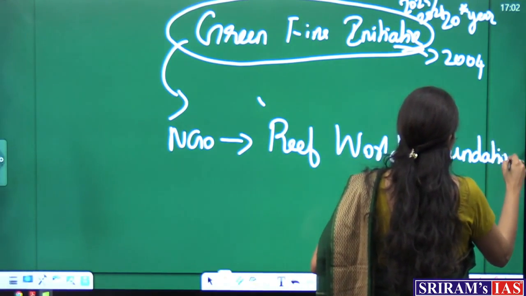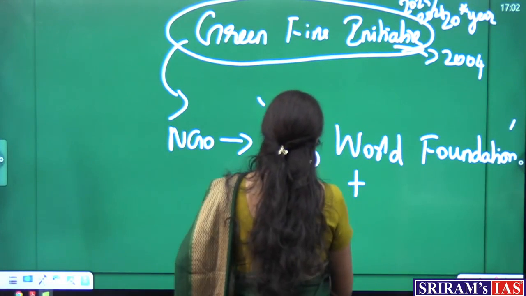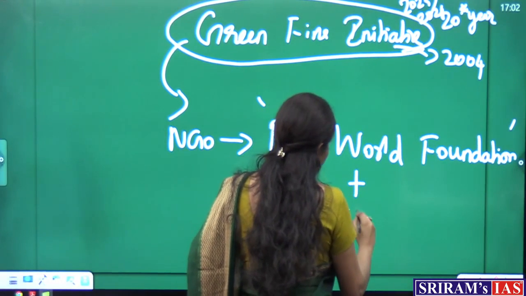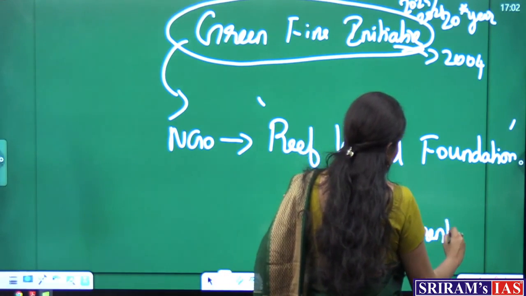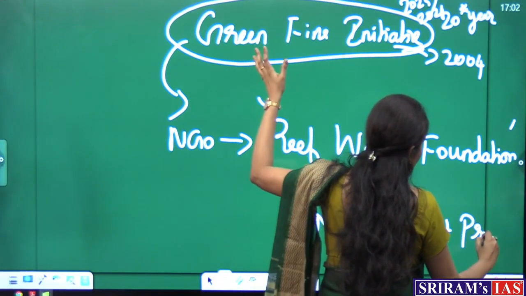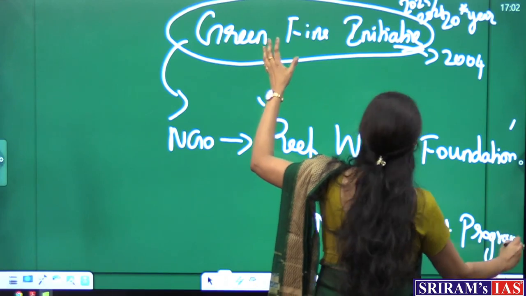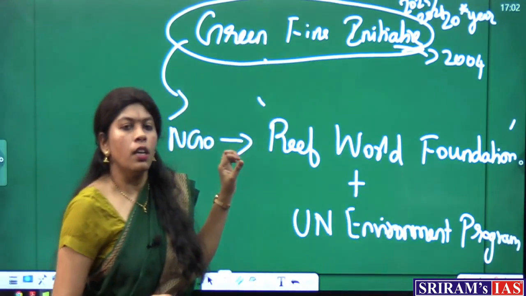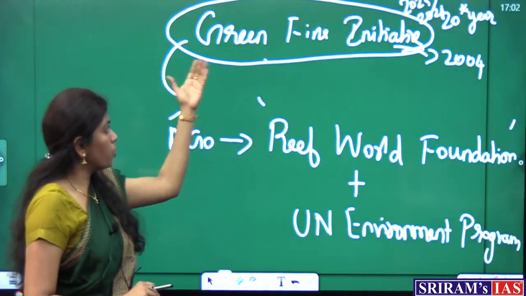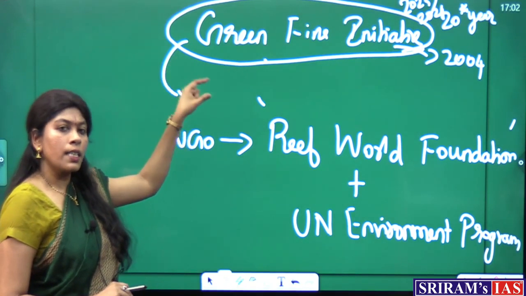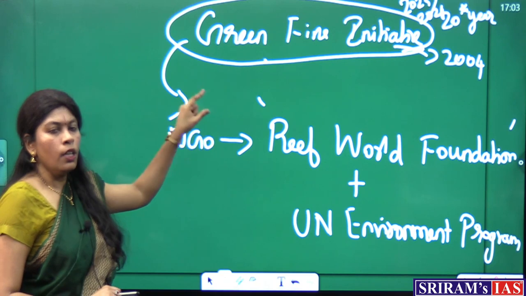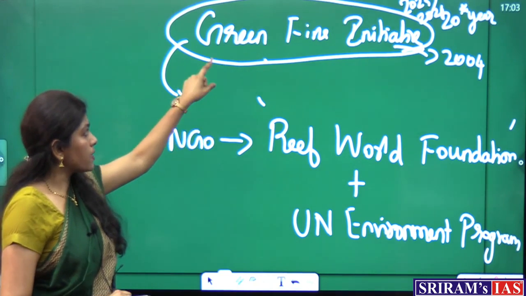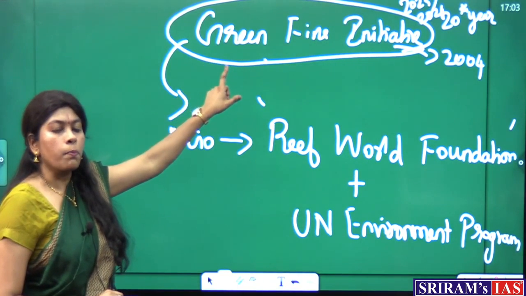Okay, Reef World Foundation, this is the NGO name, along with UNEP, United Nations Environment Programme. They two combinedly do this. So what is this initiative about? It is the first and foremost one, okay, the internationally recognized environmental standards to be adopted for sustainable marine tourism.